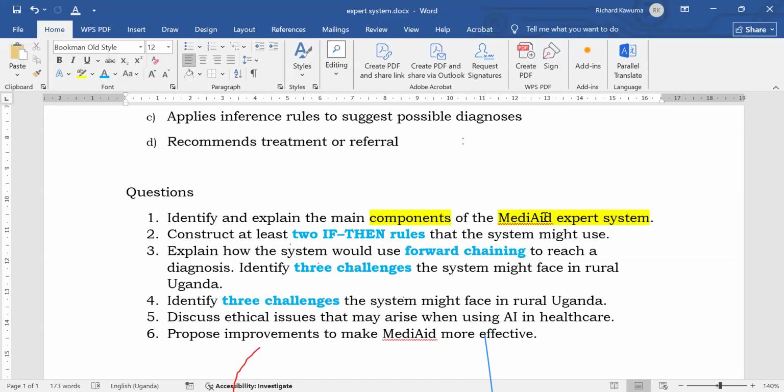Yes, after identifying them, now we are explaining one by one. And the first one we explained was knowledge base. Okay. So, and I said each component, you have to explain what that component is and what it does. What is the knowledge base and what it does, and how is it going to be used by MedAid.